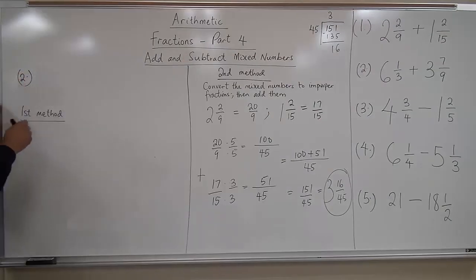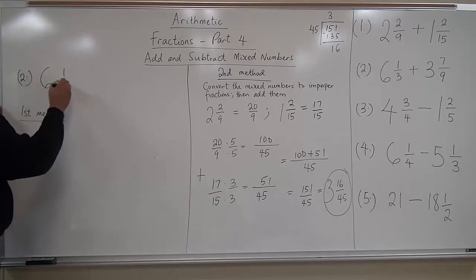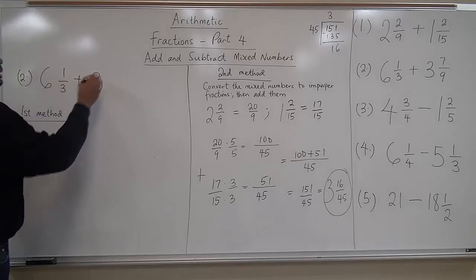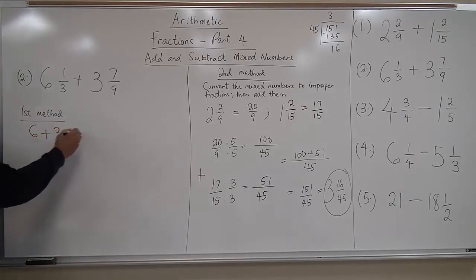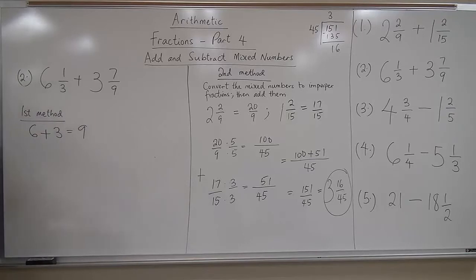Question 2, we have 6 1/3 plus 3 7/9. So with the first method, I just add the integers. 6 plus 3 gives me 9. Then I will add 1 over 3 plus 7 over 9. So I like doing it in vertical form. 1 over 3 plus 7 over 9.